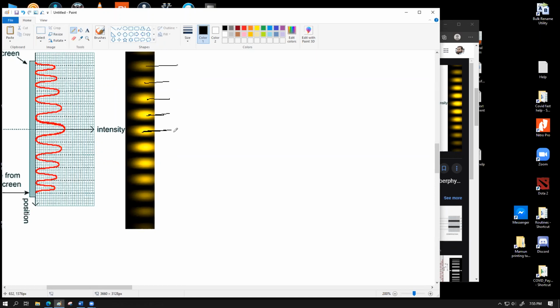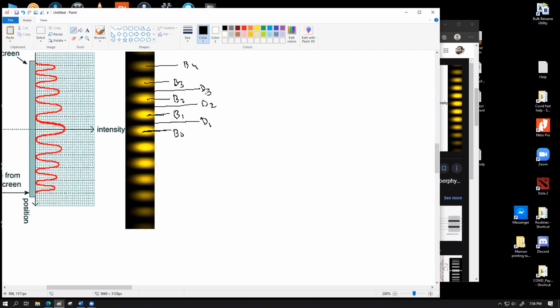Let me label them: central maxima B0, first maxima B1, second maxima B2, third maxima B3, and B4. For the dark points, let's say this is D1. There is no central minima, because at the central position you only have bright fringes, so there is only central maxima. There is no such thing as central minima. So the dark fringes come on top, and then D1, D2, D3, and it goes on like that.